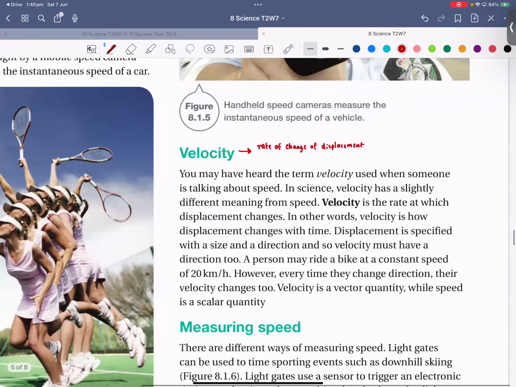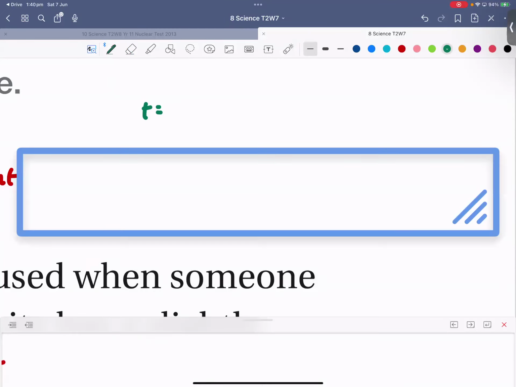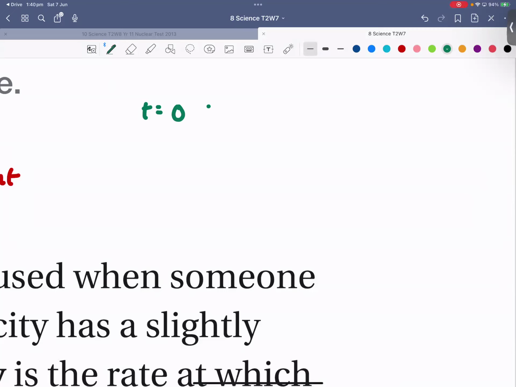For example, let's say at t equal to 1, your displacement is 1. At t equal to 2, my displacement is 2.